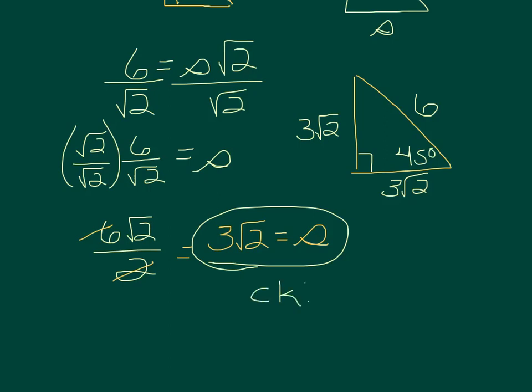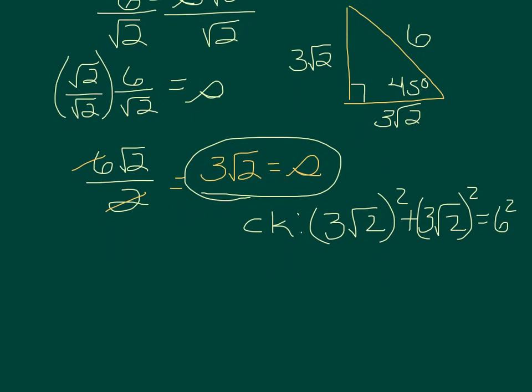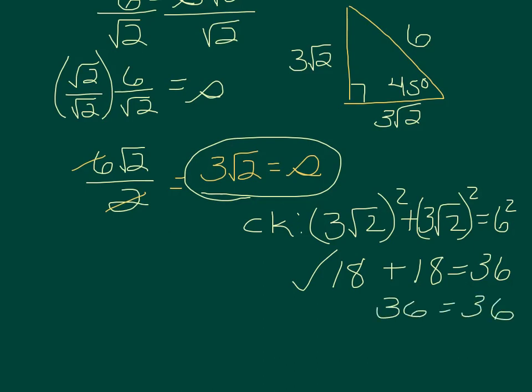Check. 3 root 2 quantity squared plus 3 root 2 quantity squared equals 6 squared. 3 root 2 quantity squared is 9 times 2 is 18, plus another 18 equals 36, and of course it does. Check. 36 equals 36.